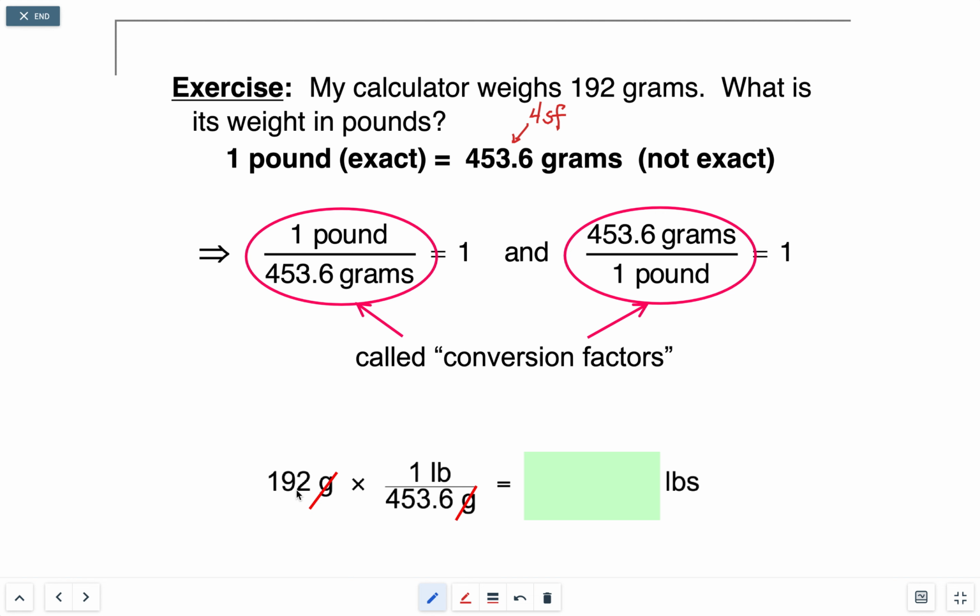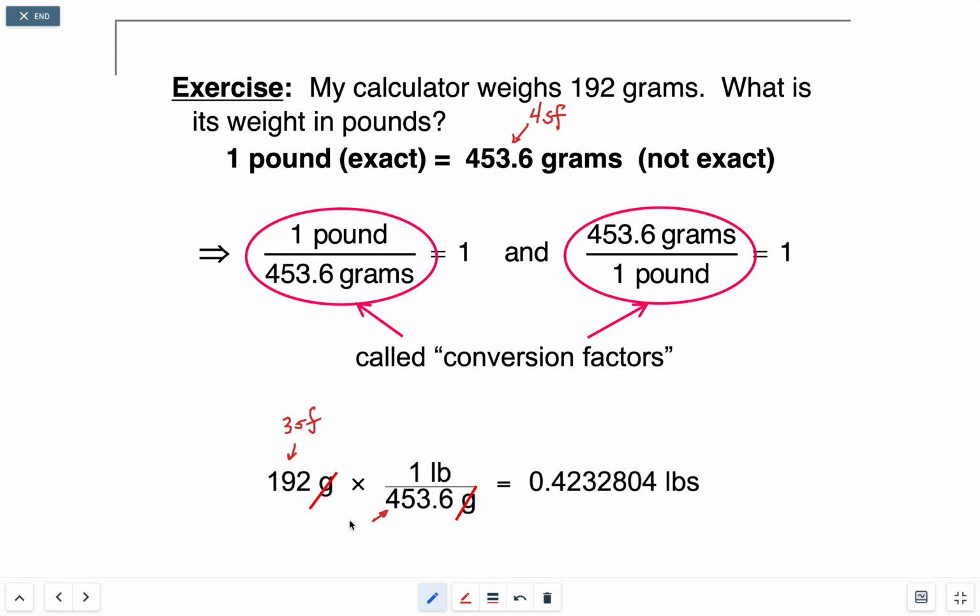We put in 192, divide by 453.6, and we'll get this number in our calculator. Now, this value is 3 sig figs. This one is exact, so we don't even enter this into our thinking. If you wanted to, you could think of this as an infinite number of significant figures.